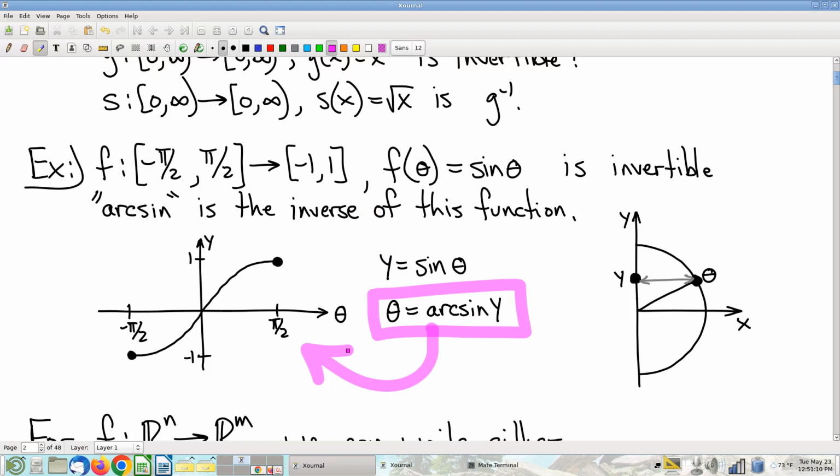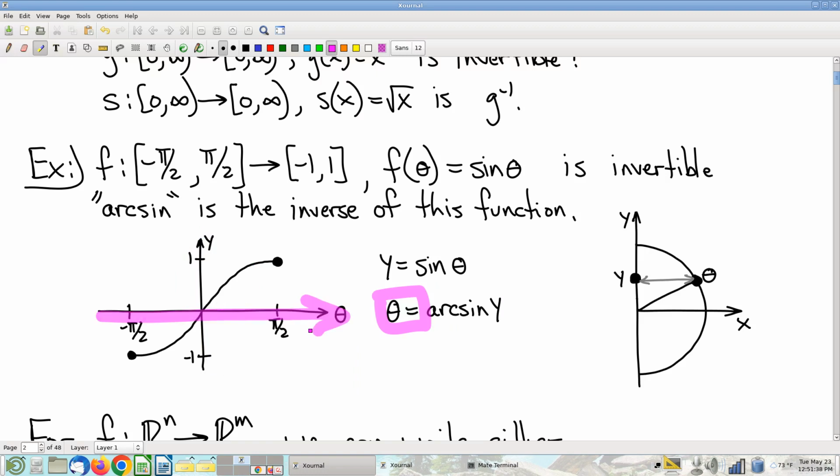You could make the case that this is really the graph of the arcsine function, because for every output there is exactly one input: you give me a y, there is exactly one corresponding theta. The only questionable thing as to whether this is actually a graph is, are you allowed to have the output variable be the horizontal axis? And yeah, sure, totally. We don't usually, but there's nothing really morally wrong about that.